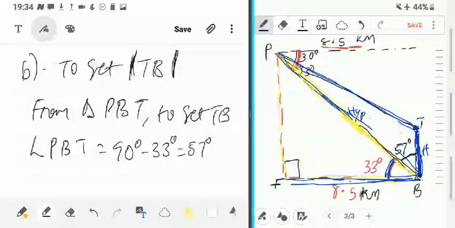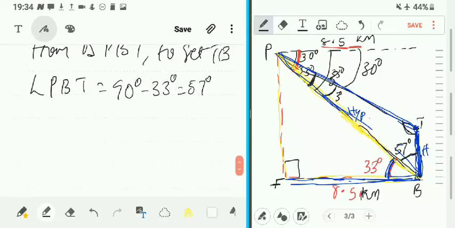If this is 57 degree, what of this angle? You know, the whole of this angle of depression is 33 degree. But this part alone is 30 degree. So it means that this part will just be 33 minus 30 degree, so this is 3 degree. To get this angle here now, you can use different methods.